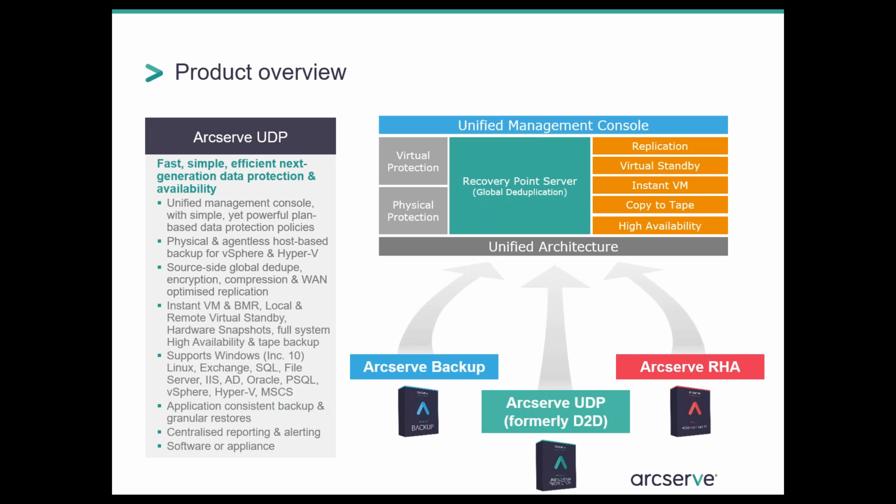What Arcserve UDP does is bring together what previously have been separate products by combining the capabilities of Arcserve Backup, Arcserve Replication and High Availability, or RHA, and what was previously Arcserve D2D into a single unified package. It's built on a unified architecture with a simple licensing scheme that can cover multiple editions of UDP with different features and functionality.